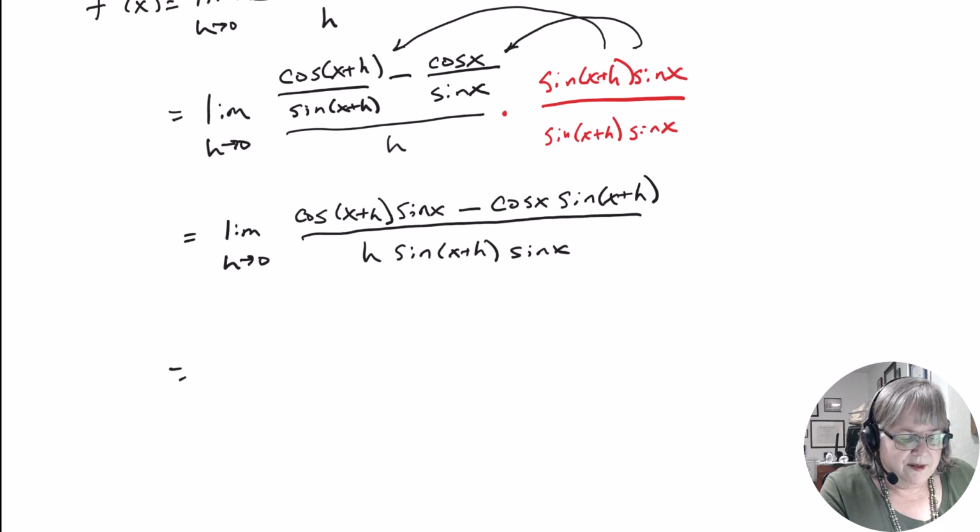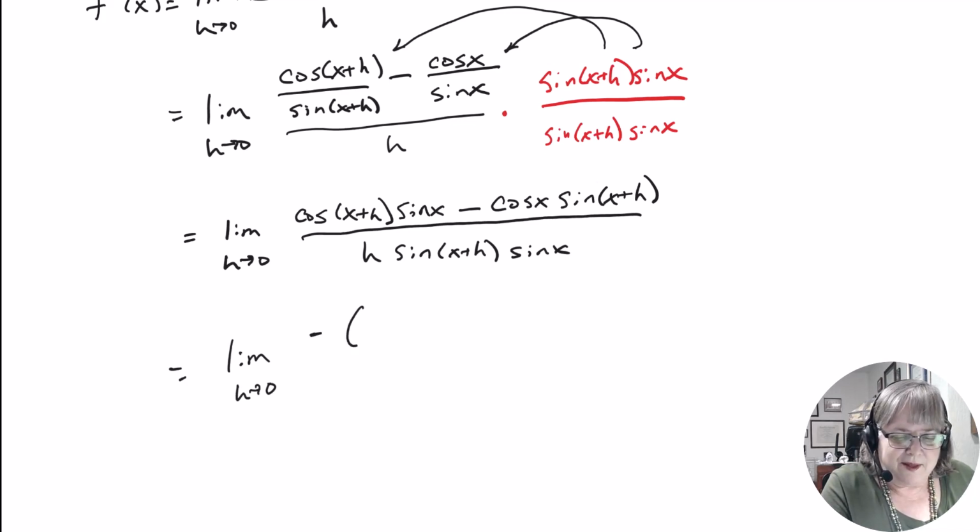All right, now here you go. So we've got this cosine x plus h sine of x minus cosine x sine of x plus h. And if you look at this, turn your head, squint your eyes a little bit, what you can do is say, okay, I am going to factor out a negative.